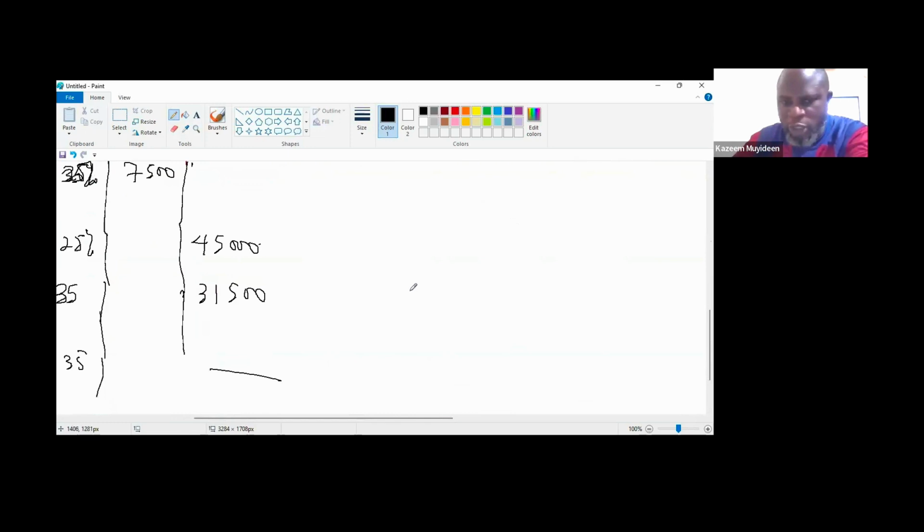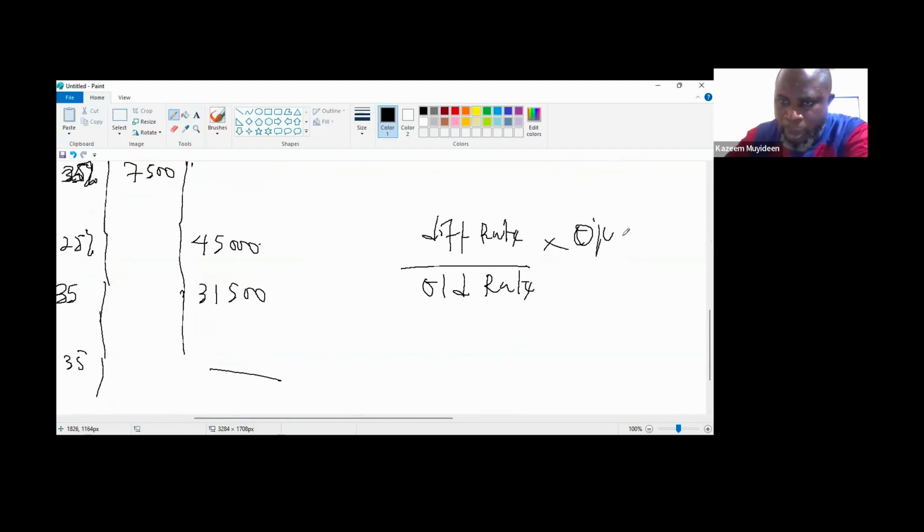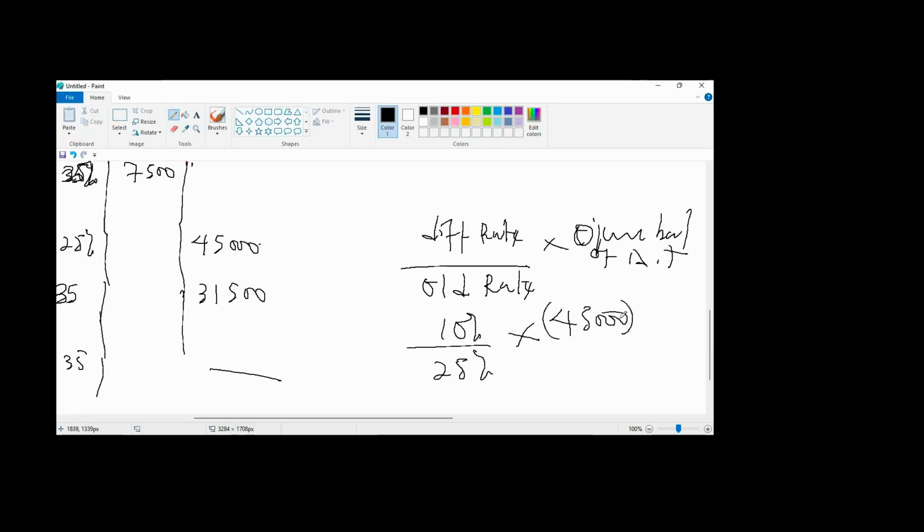So I need to adjust my opening balance, saying difference in rates over old rates, over the opening balance of deferred tax. Difference in rate will give us 10% times what is the opening balance? 45,000, which is credit.